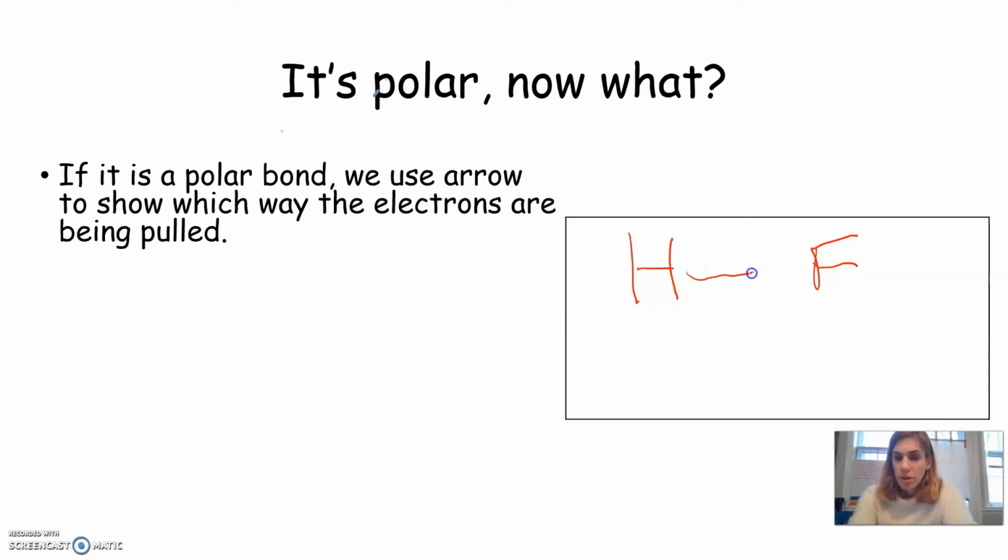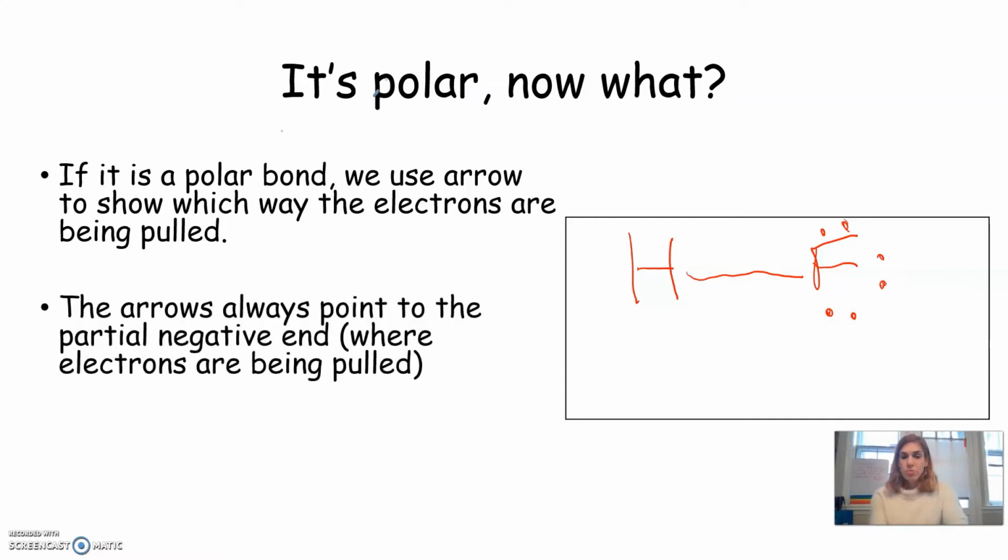So I'm going to quickly draw the Lewis structure. Remember that I don't need any lone pairs around hydrogen because hydrogen only needs 2 electrons, which is represented by that bond, but fluorine needs 6 more. So I'm going to draw the lone pairs around fluorine over here. So this is definitely a polar bond. So I'm going to use arrows to point towards the partial negative end, aka the more electronegative end. So I'm going to draw my dipole arrow, which goes here, because fluorine is more electronegative.